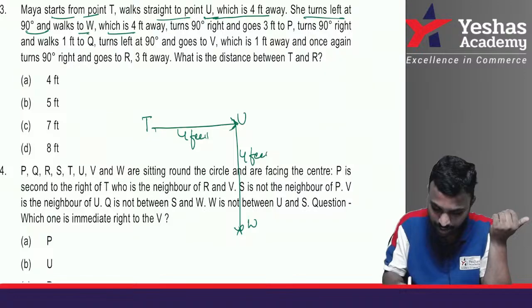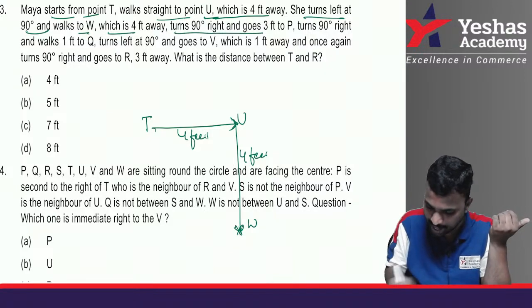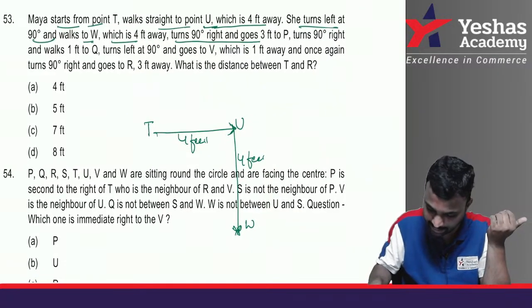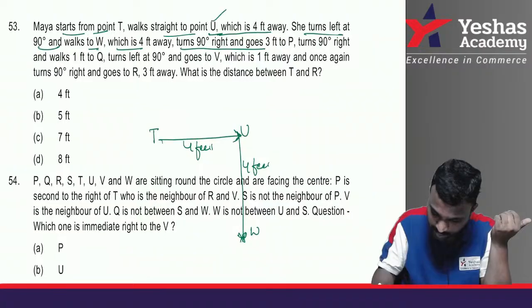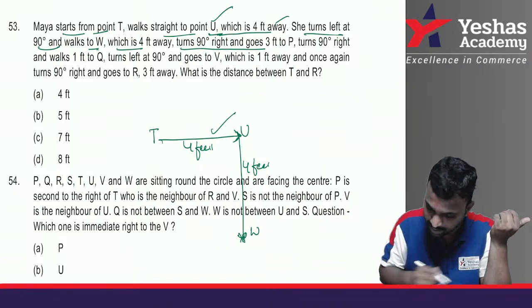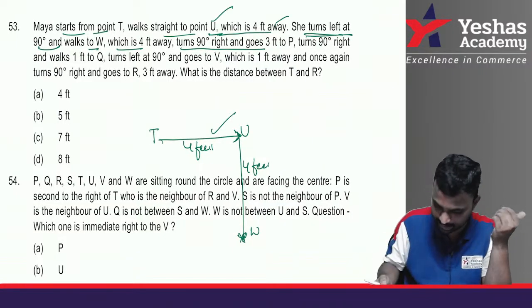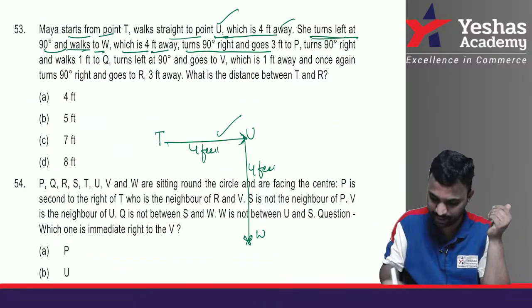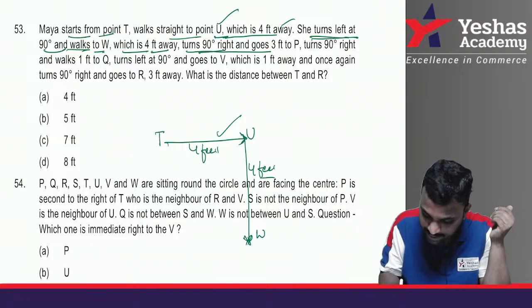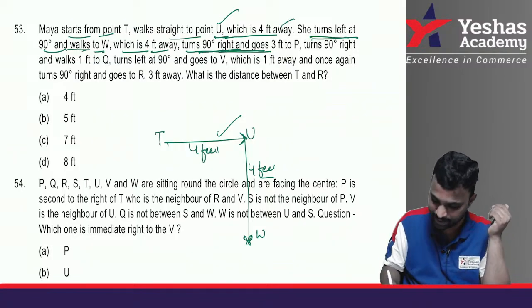Then she turns 90 degrees right. Right is our left. Yes or no? First of all, she walked towards U 4 feet away. This is clear. She turned towards left. Left is downwards at an angle of 90 degrees towards W, 4 feet away. Turns 90 degrees right.